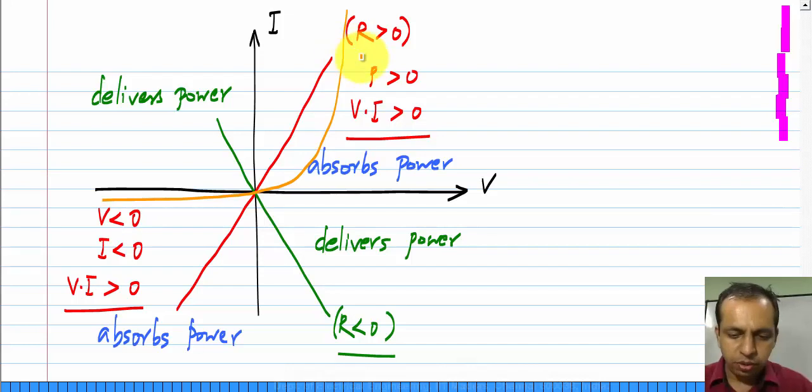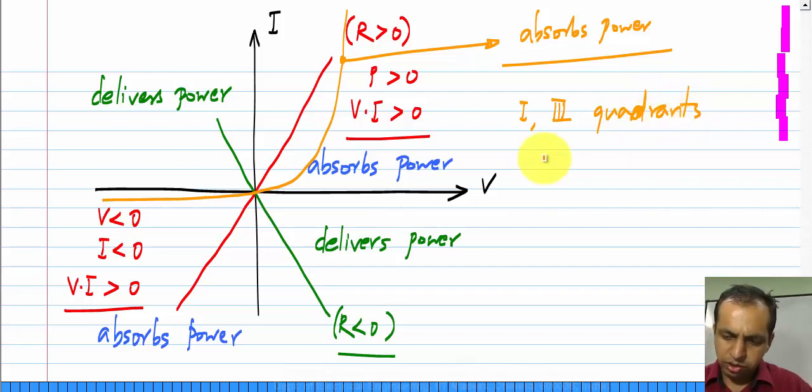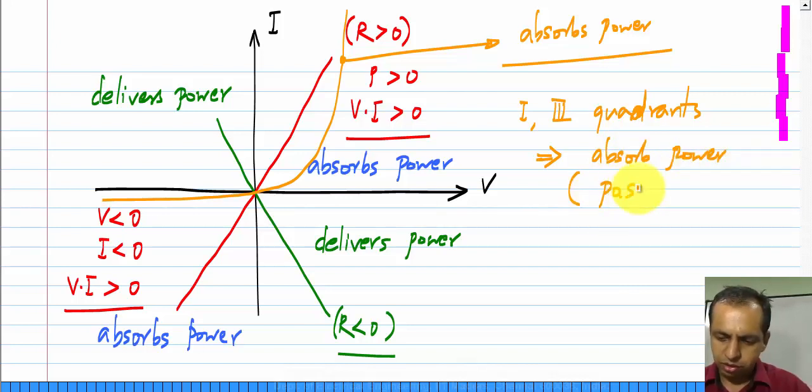the characteristics lie only in the first and third quadrant, this also absorbs power. Okay. So, if you are in the first and third quadrants, it means that you absorb power, that is, we are referring to a passive mode of operation, and an element which is only in first and third quadrants is necessarily a passive element.